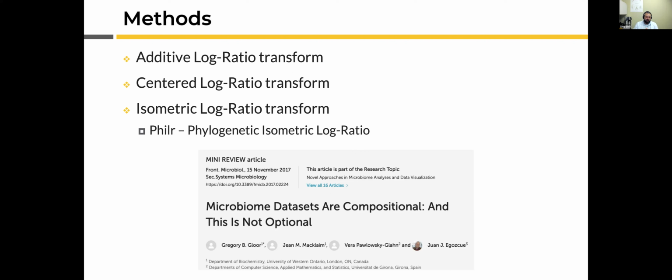But the main reason I mention that is that there's a microbiome specific log ratio transform that takes a phylogenetic tree into account. And if you remember before, when I was talking about differential abundance analysis, the implementation of NICE in CHIME makes use of this phylogenetic isometric log ratio transform.